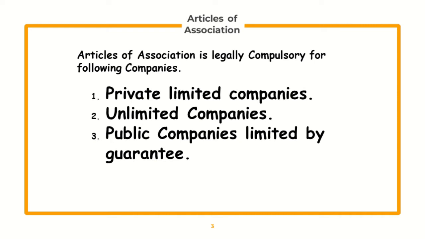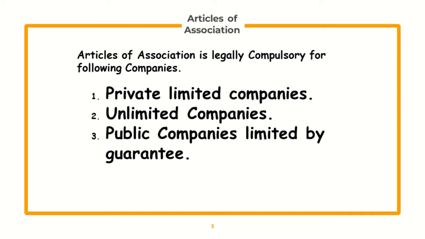They should have compulsory articles of association. Unlimited companies should have articles of association. Public companies limited by guarantee should also have articles of association. But it is not obligatory for public companies limited by shares.